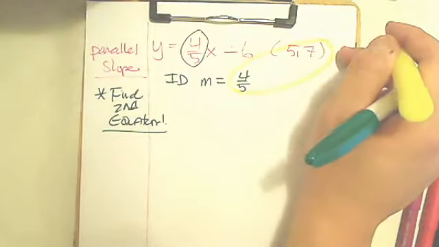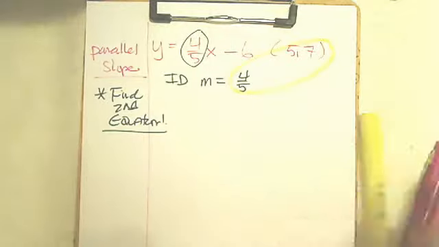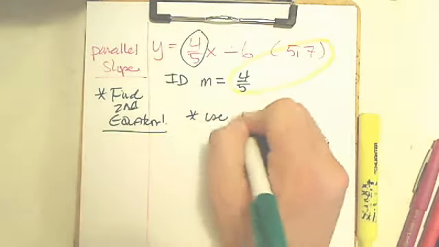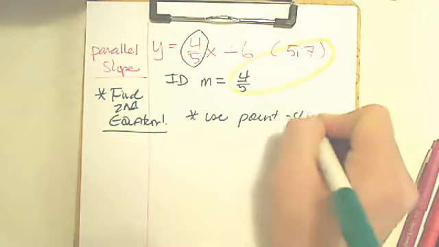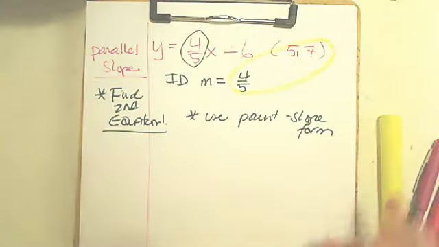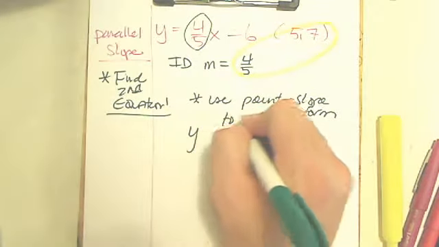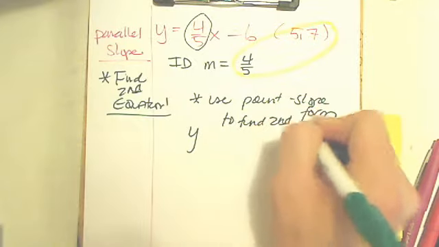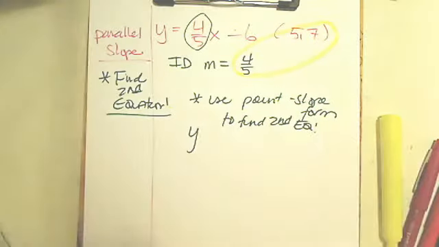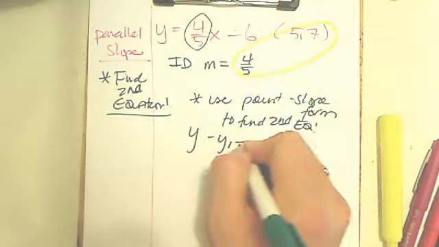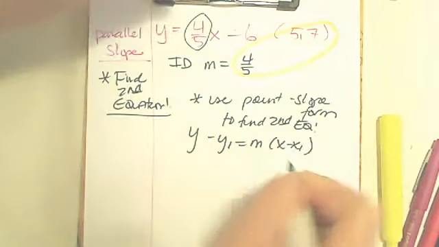They give you a point. You find the slope. Use the point slope form to find the second equation. Y minus y1 equals m times x minus x1.